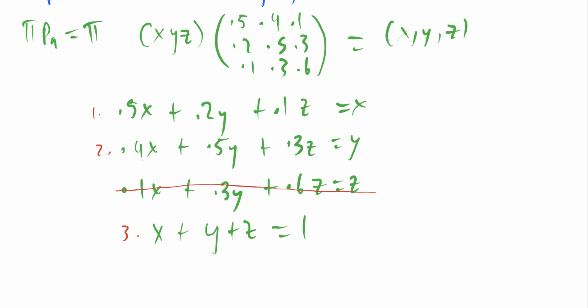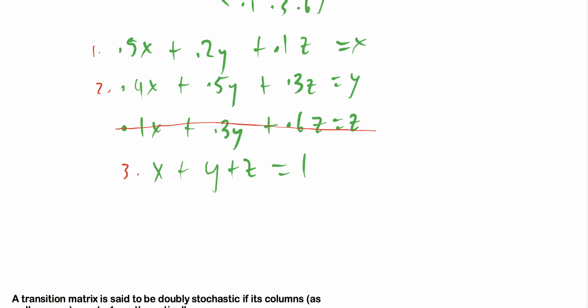Once we solve for this, I'll call this pi A because it's for part A. Pi A comes out to be 11 over 47 for our x variable, 19 over 47 for our y, and then since it has to add to 1, this has to be 17 over 47.